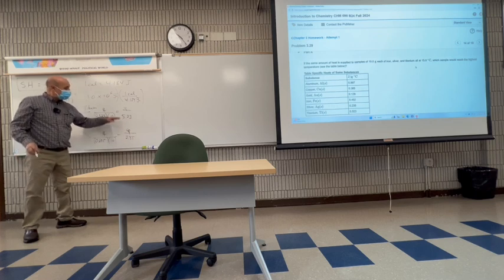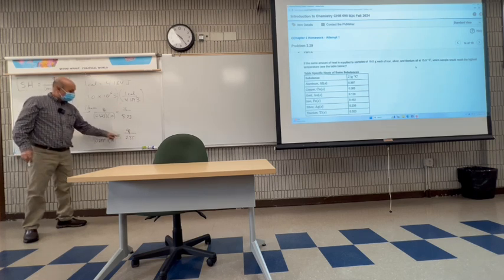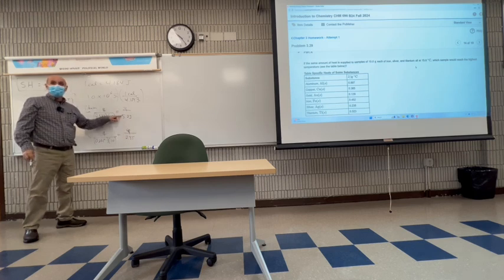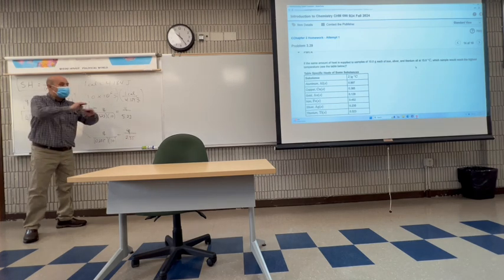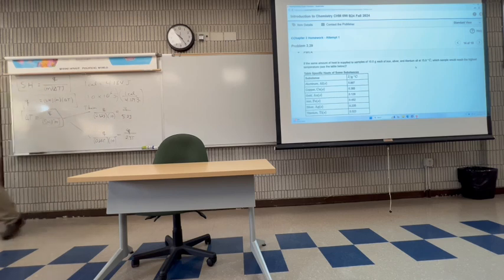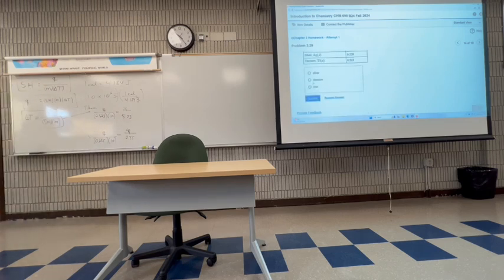You're dividing the same amount of heat by a larger number here, so you're going to have a smaller increase in temperature. Here you're dividing it by a smaller number, so you're going to have a higher increase in temperature. We don't even have to put numbers. So we said it was silver. Next one.